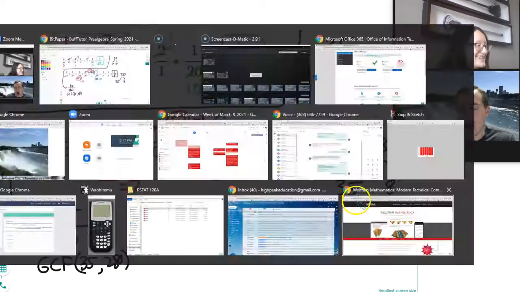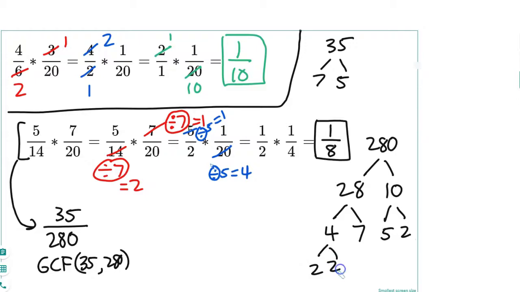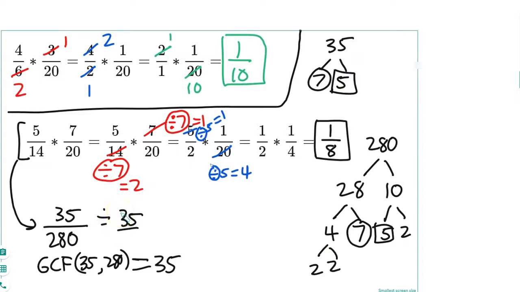I would probably break this down into 28 times 10, and then 28 breaks down into 4 times 7, 10 breaks down into 5 times 2, and 4 breaks down into 2 times 2. But hopefully you see that out of all this, the only shared factors are 7 and 5, which is 35. So the GCF is 35. If you divide both of these by 35, you get 1 over 8.